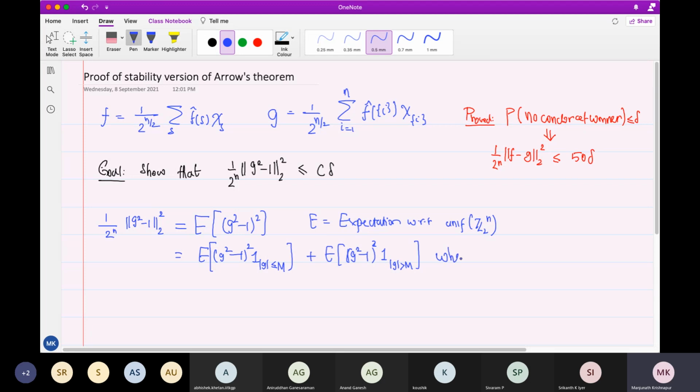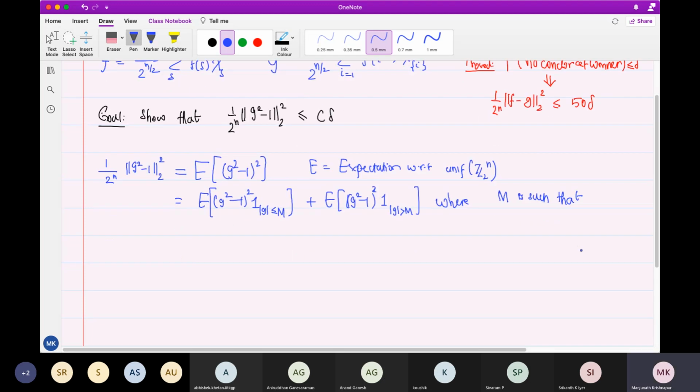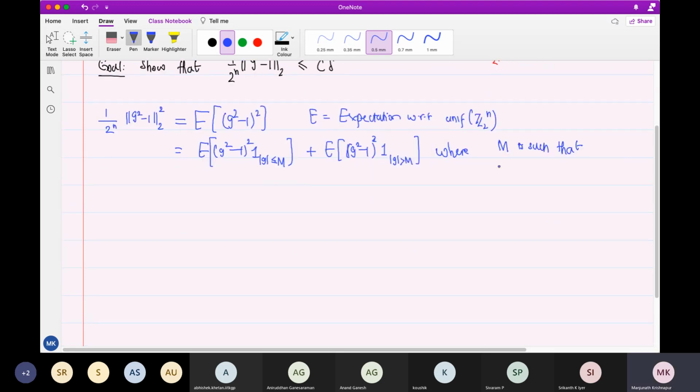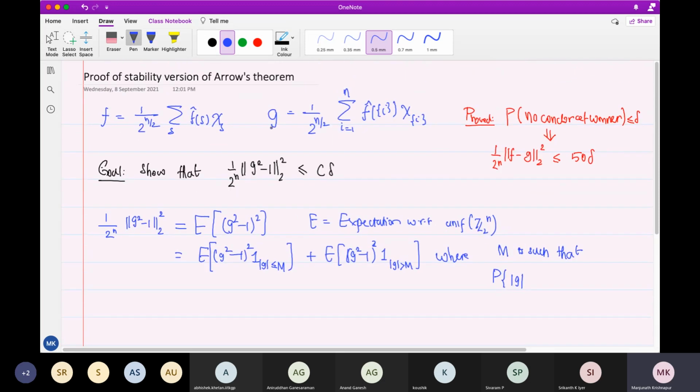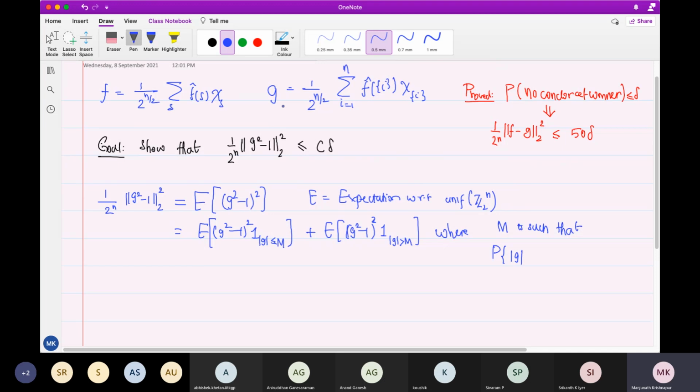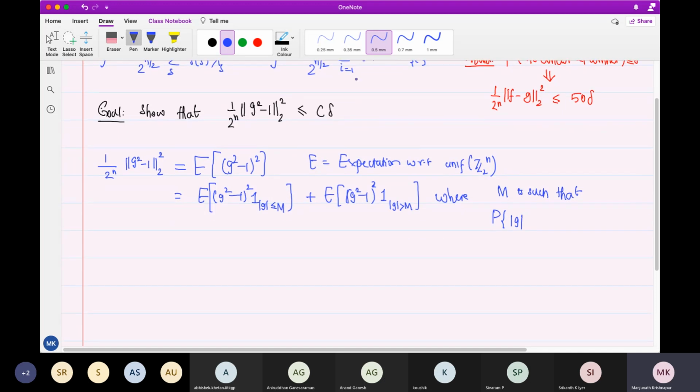Okay, where m is such that, so what is this m? In fact, it doesn't depend on any other choices. It's the probability that mod G, see, now we are thinking of G as a random variable. Earlier we saw that if G is bounded, then we are good. I mean, bounded means if you have a uniform bound which doesn't depend on n and such things. If G was bounded by 2 or by 10, it would be okay.